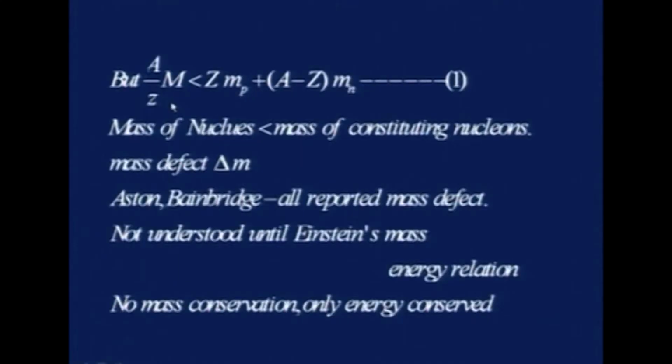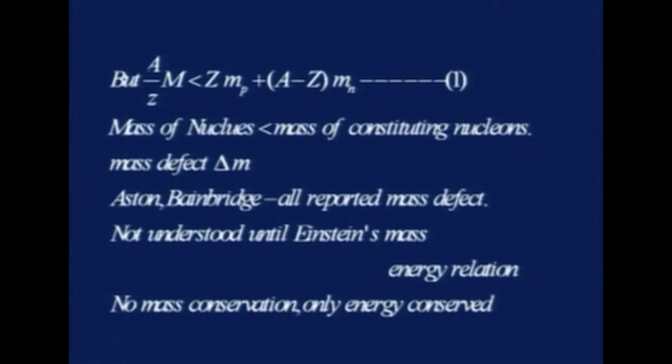We find that the mass of the nuclide M(A,Z), we just write as M(A,Z) for the mass of the nucleus, is always less than Z times Mp plus (A minus Z) Mn. So it is not equal. The mass of the nucleus is always less than the mass of the constituent nucleons.